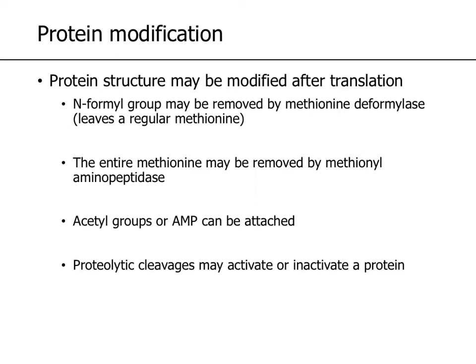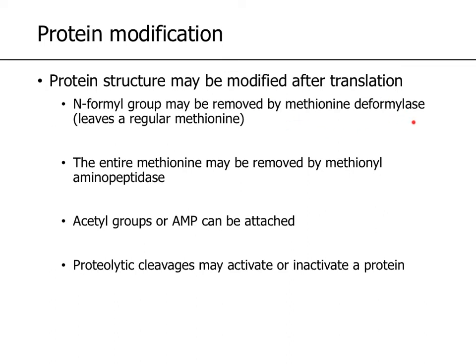All right. Now we'll talk about some protein modifications. There's a lot that has to happen. It translates the protein, but that's not the end of the story. It can be modified after translation in several different ways. The N-formyl group can be removed from the methionine. Remember, the first one that comes in is fMet, with the formyl methionine.